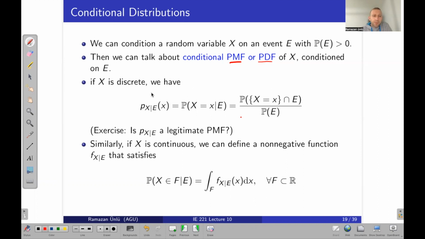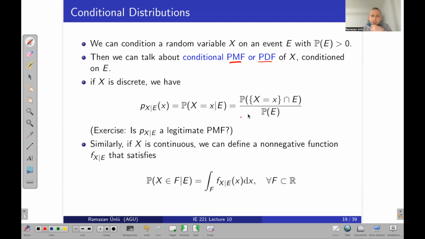So if X is discrete, we have the probability of X given E, which is equal to the probability that X will take some value, represented by the small x, given that event E. Remember from the definition of conditional probability, we can calculate this as the probability of the intersection of the two events divided by the probability of the conditioning event.